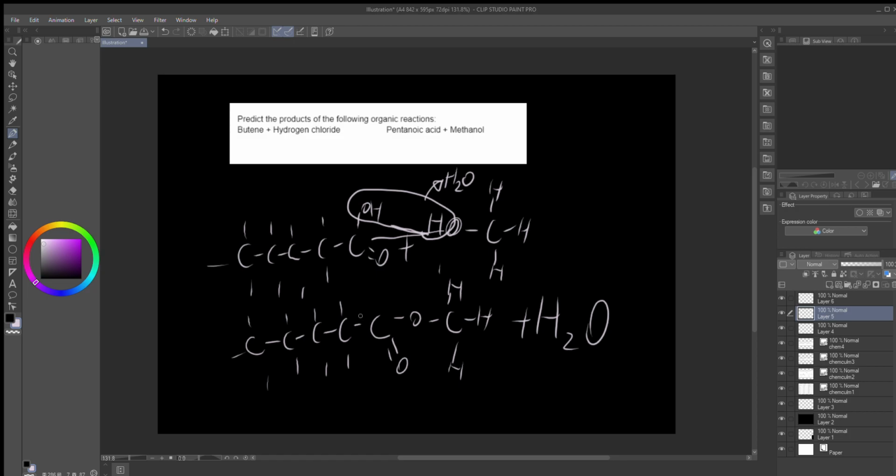So if we were to name this, we would basically just call this methylpentanoate. This will be a methylpentanoate because there's one carbon here and then 5 carbons on the main chain, plus water.